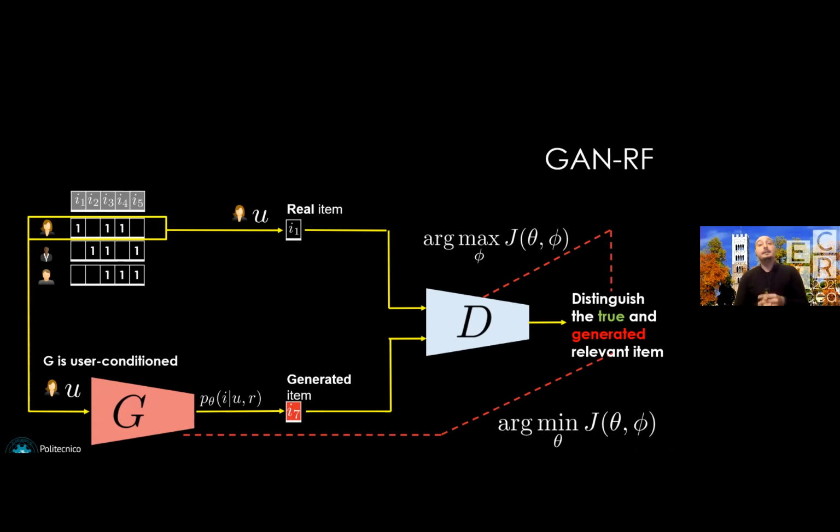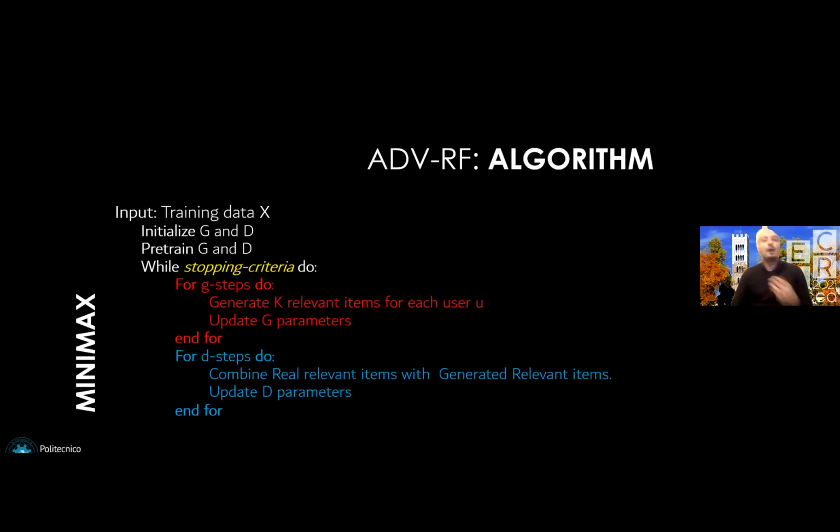On the other side, the discriminator does its best to maximize the same function and modifies its parameters phi to distinguish the real samples from the fake ones. This minimax game is also known as adversarial learning, and it ends when the components reach the Nash equilibrium.